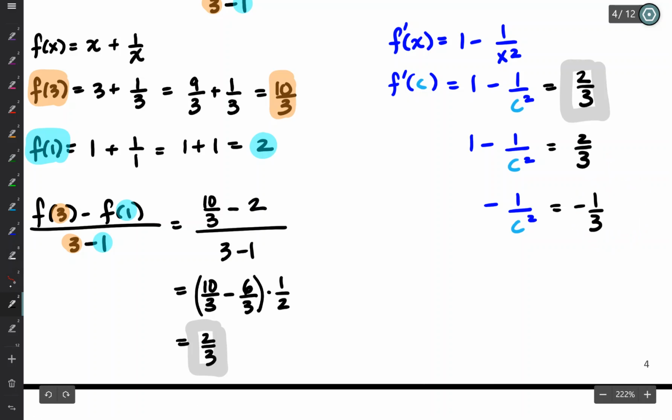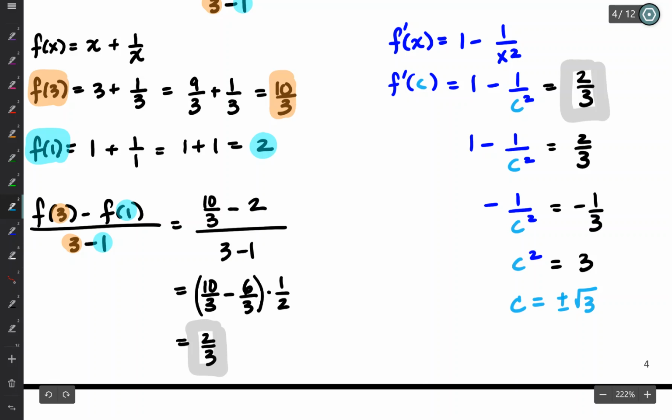And we can see, in fact, that c squared is equal to 3. All I'm doing is multiplying both sides by minus 1, multiplying both sides by c squared, and both sides by 3 to clear those denominators. Take the square root of both sides, and we see that c is equal to plus or minus the square root of 3.